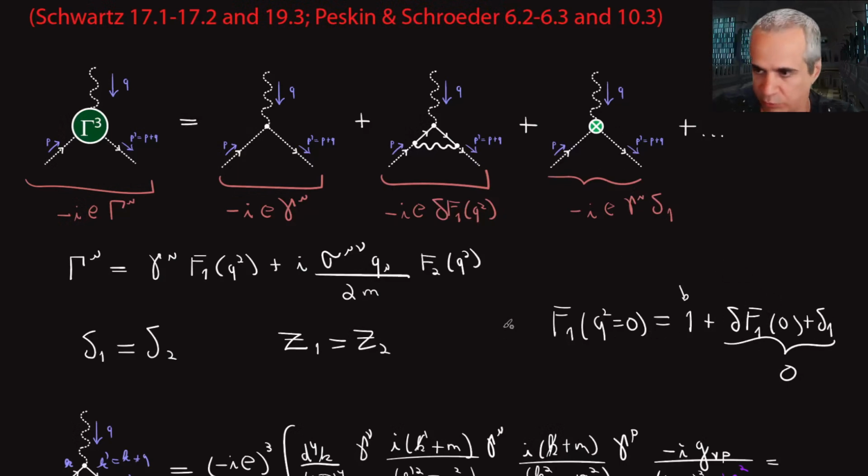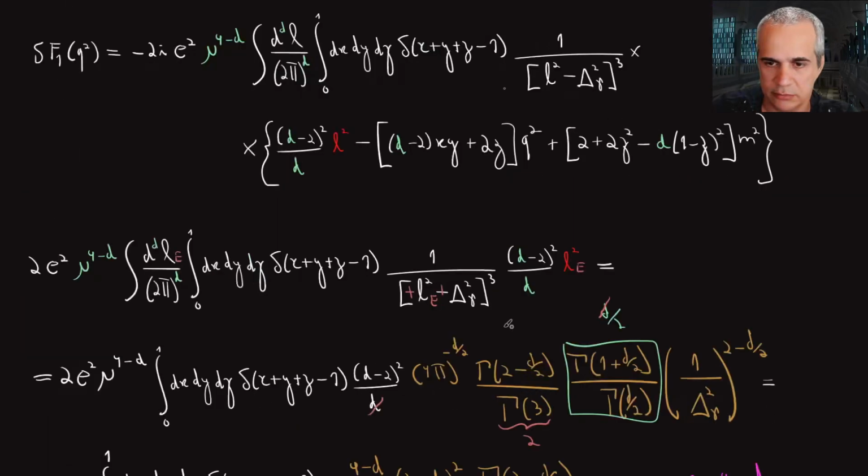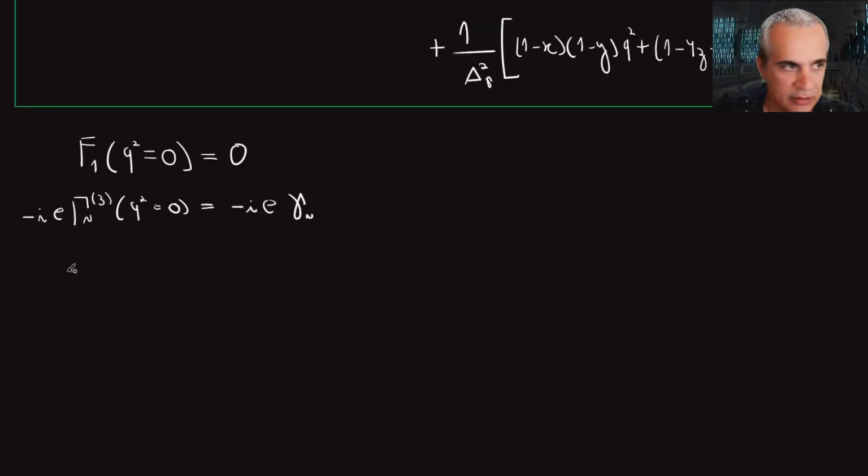So let's go back down there and write that since that sum should be 0, the counter term should be minus delta F1 calculated at q square equals 0, right?